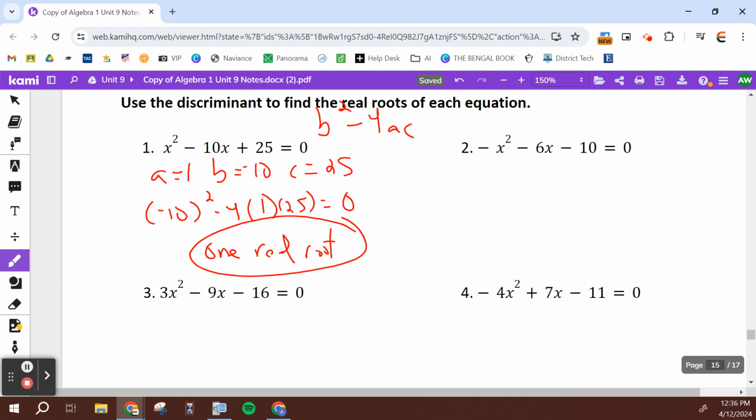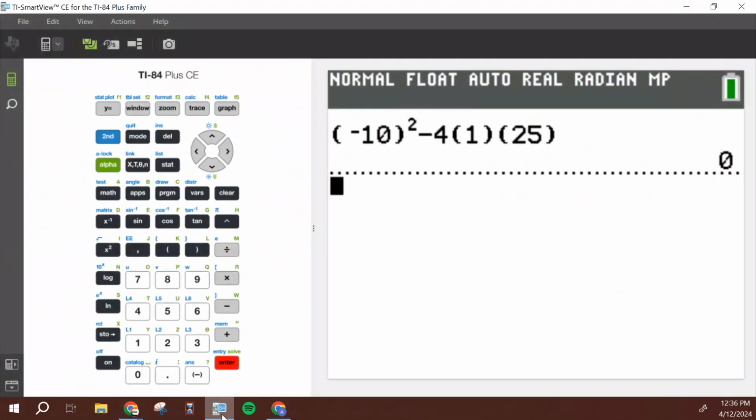Okay, for number 2, we have a here is negative 1, b is negative 6, c is negative 10. So just again using the discriminant, b squared is negative 6 squared minus 4 times a is negative 1, c is negative 10. I'm going to put that in my calculator.